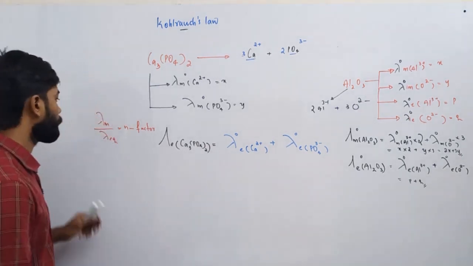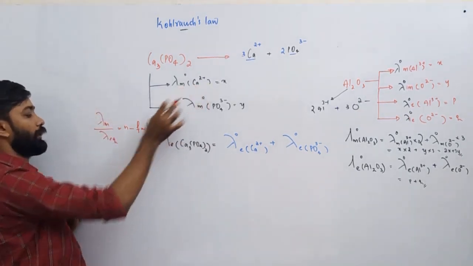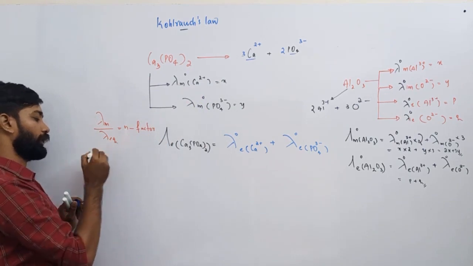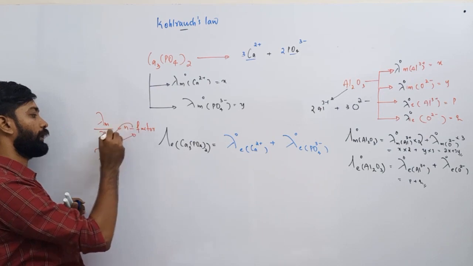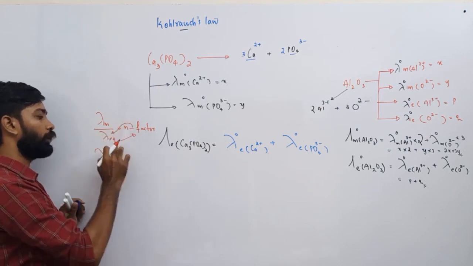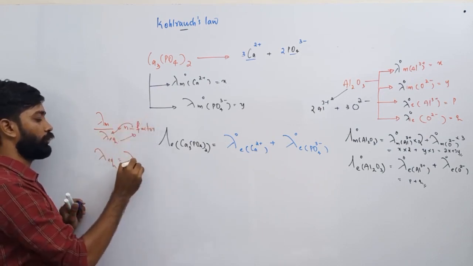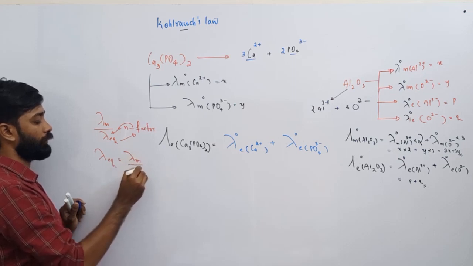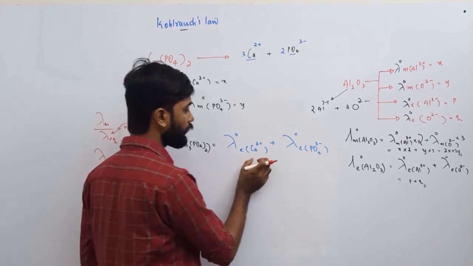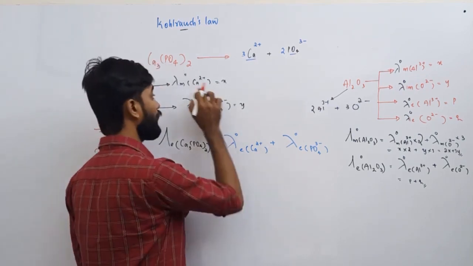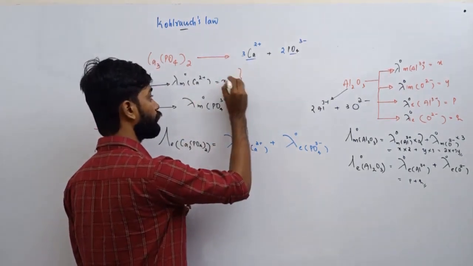So, if I have limiting molar conductivity and I want to find limiting equivalent conductivity, what is the expression? This goes here and this goes to the bottom. Limiting equivalent conductivity is equal to limiting molar conductivity divided by n factor. So I need the limiting equivalent conductivity of Ca2+, but I have the limiting molar conductivity of Ca2+.